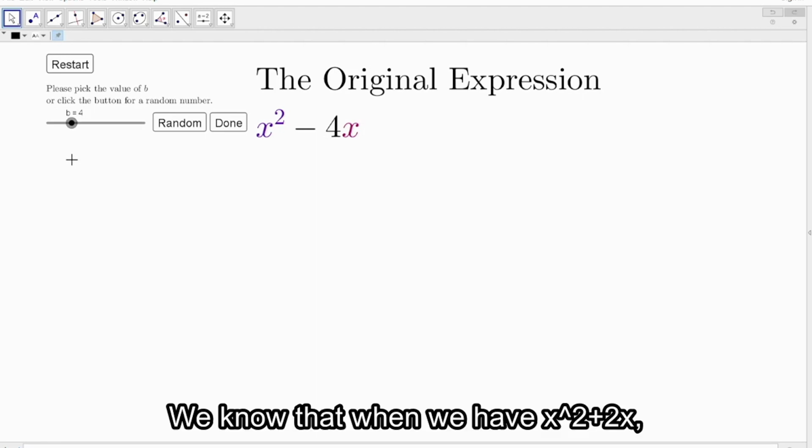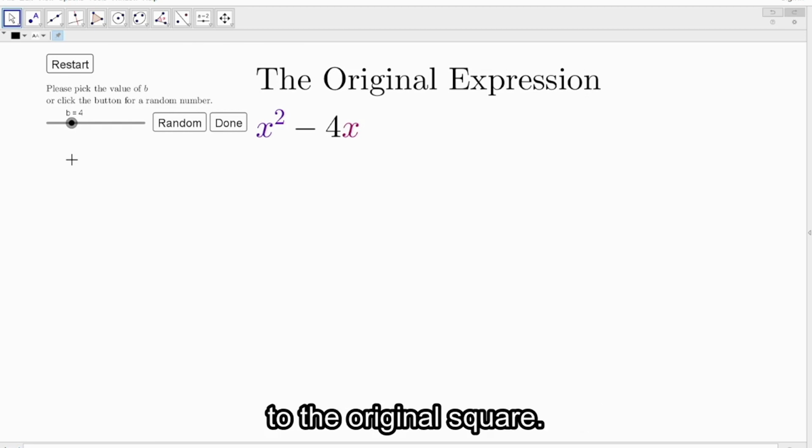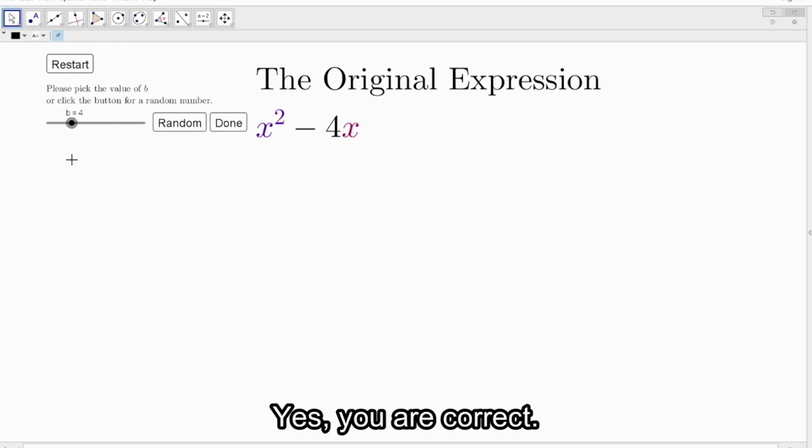We know that when we have x squared plus 2x, we are adding 2 pieces of rectangles to the original square. Then x squared minus 4x should be treated as subtracting 4 rectangles from the square. Yes, you're correct. Let's see what is happening.